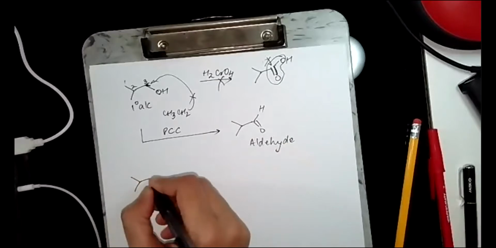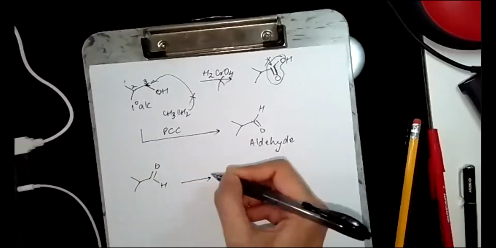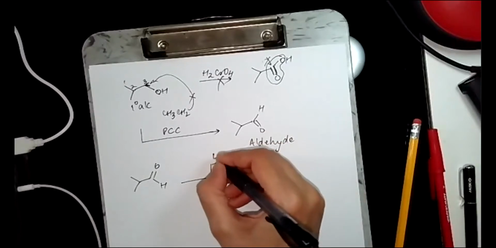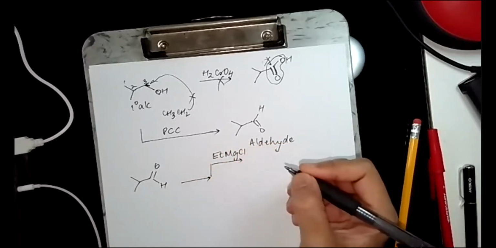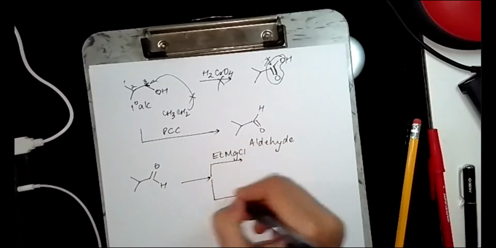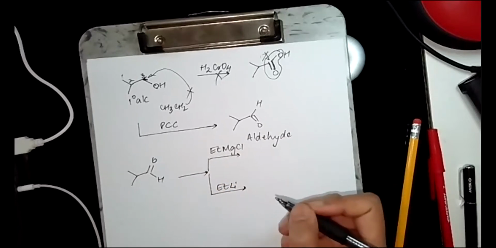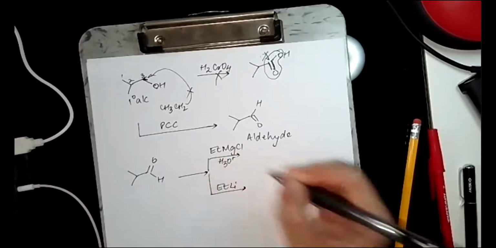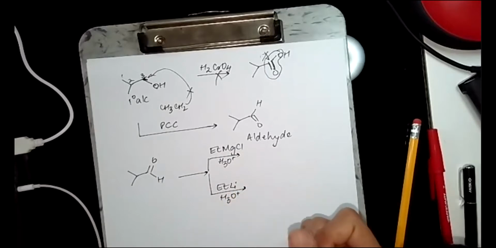I just need to add ethyl at this location. I can do that by 2 means. I can either take ethyl magnesium halide, or I can do ethyl lithium, followed by acidic solution.